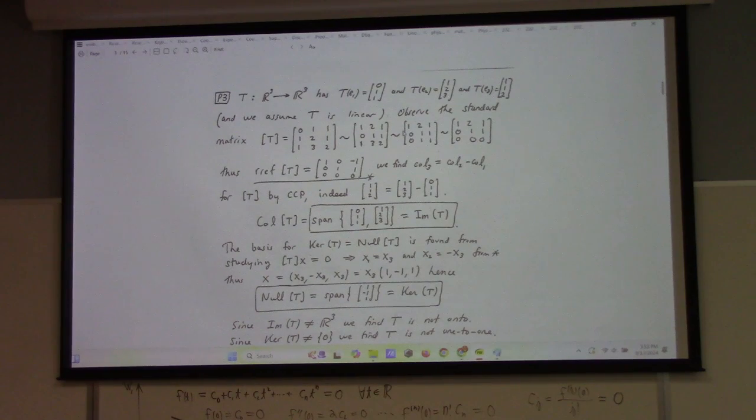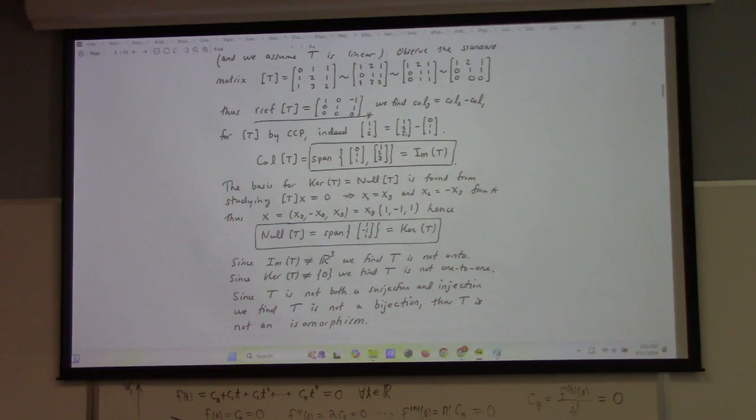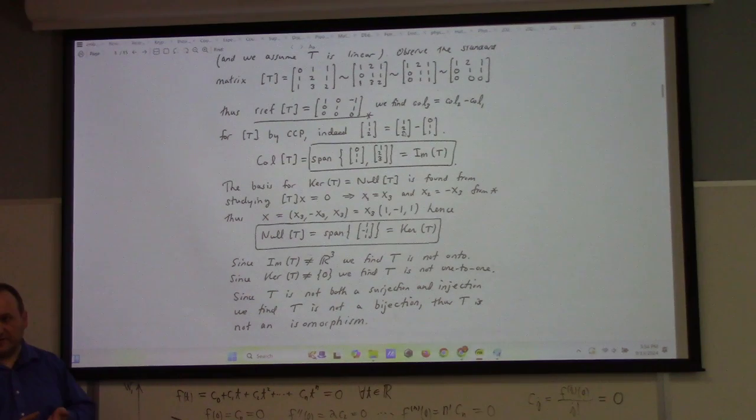We remember image and null space, column space and null space from 221, I hope. So we've been calculating kernel and image lately, right? And so the deal is, if the image is not the whole of the codomain, it's not onto, right? And if the kernel is non-zero, it's not one-to-one.